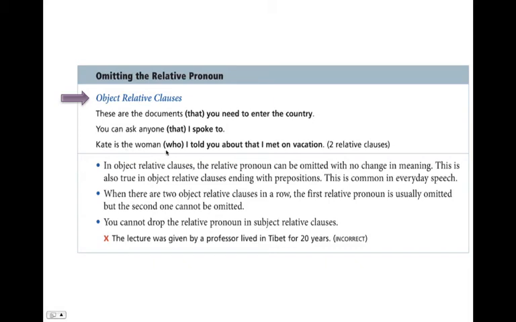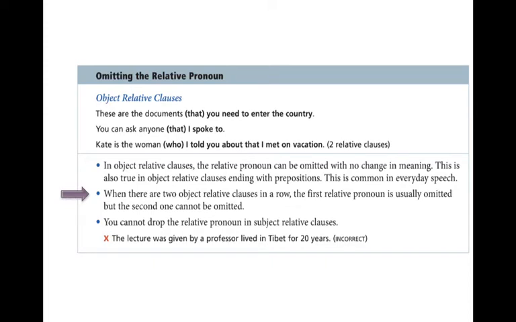Yes, we can say, Kate is the woman I told you about that I met on vacation. This one you need to keep, but this one you can omit. In object-relative clauses, the relative pronoun can be omitted with no change in meaning. This is also true in object-relative clauses ending with a preposition, like this one. This is very common in everyday speech.